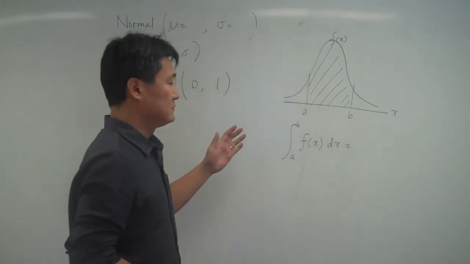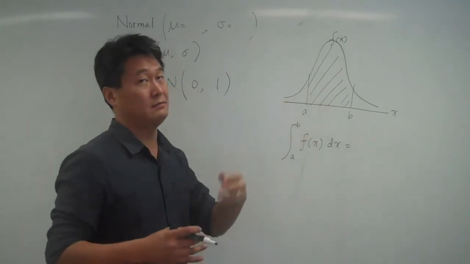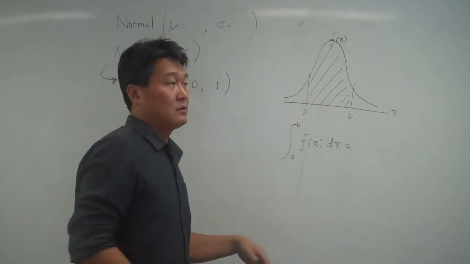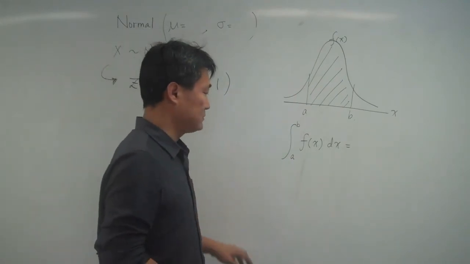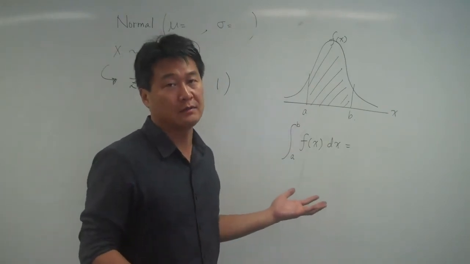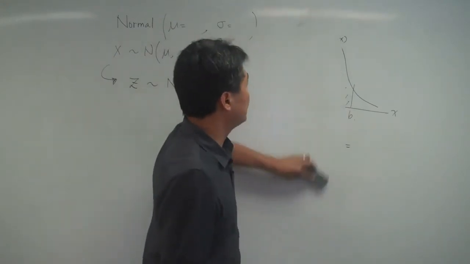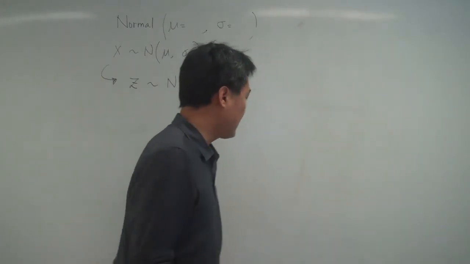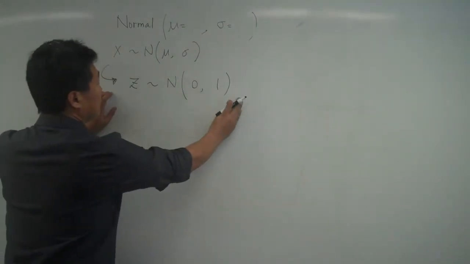But sometimes it's very hard, because sometimes the numbers are big or very small. So it's just hard to do that. So avoid this kind of hard job. We want to make it simple.